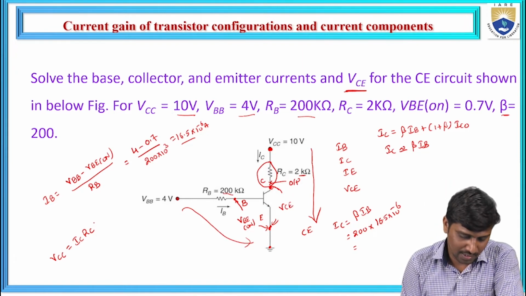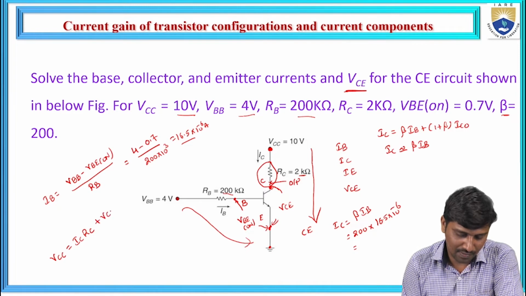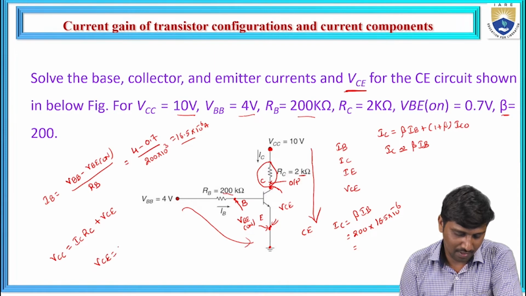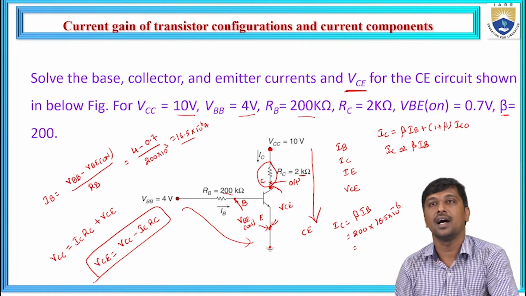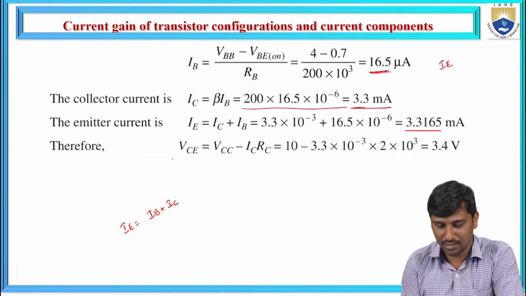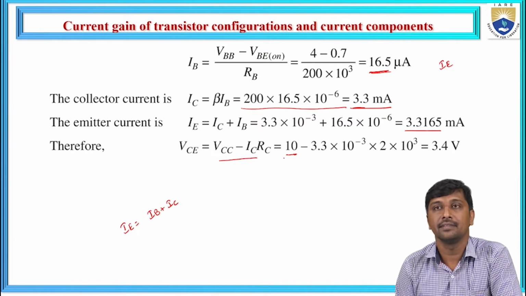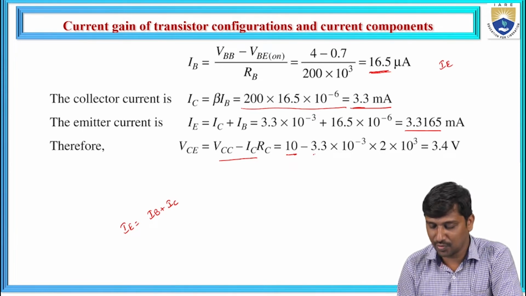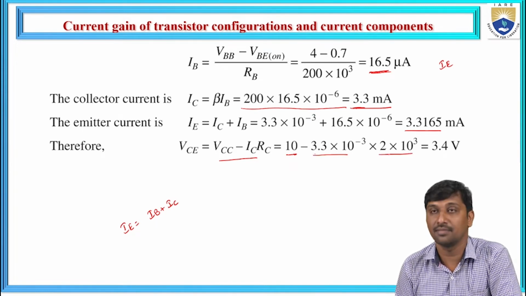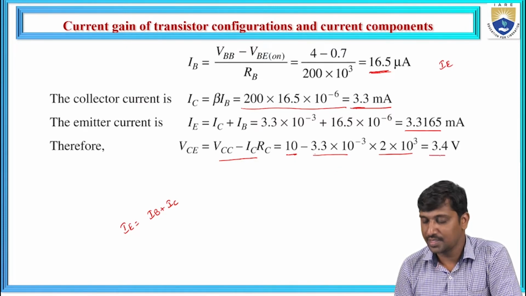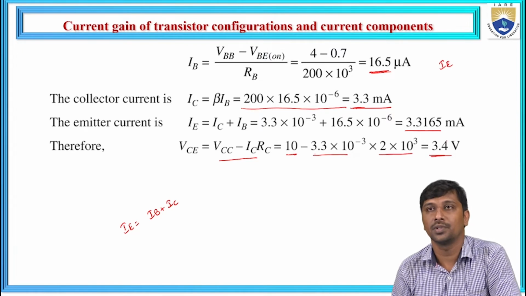So VCC equals ICRC plus VCE, hence VCE equals VCC minus IC times RC. In the problem, VCC is 10, IC is 3.3 milliamperes and RC is 2 kilo-ohms. Substituting these values gives VCE equal to 3.4 volts.